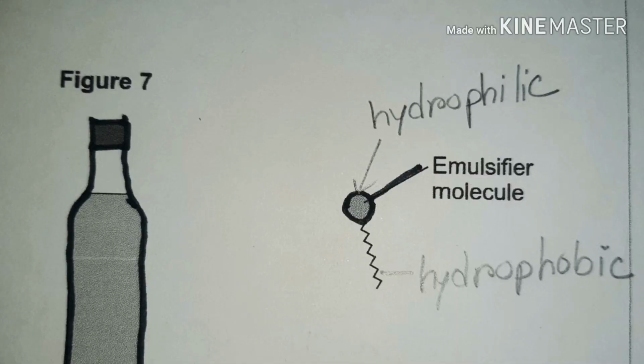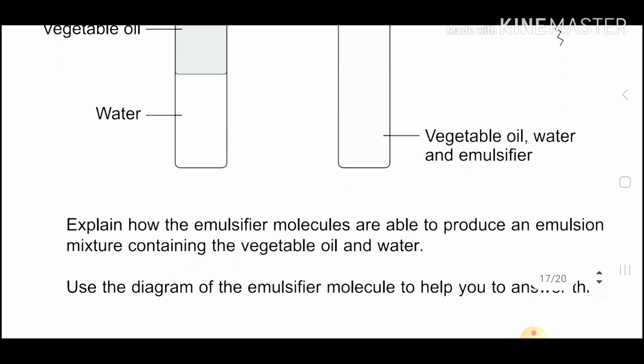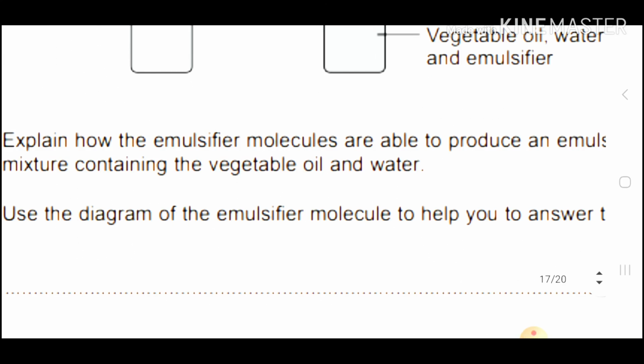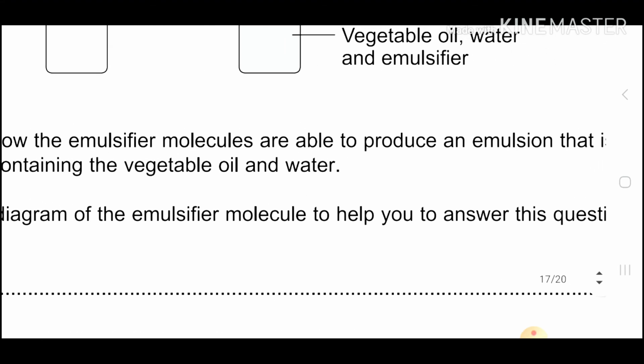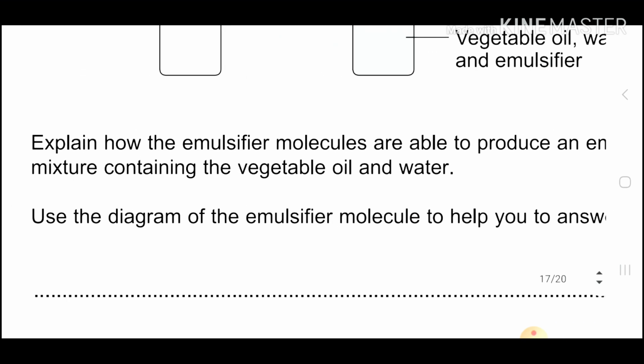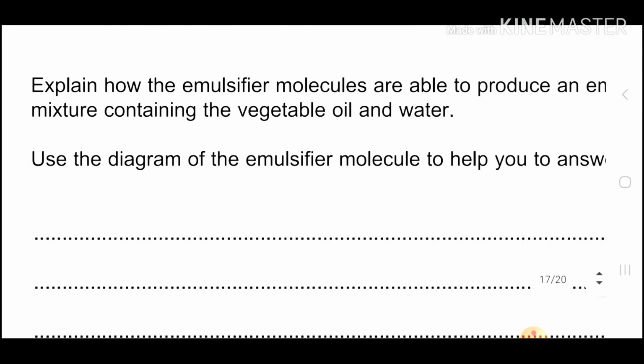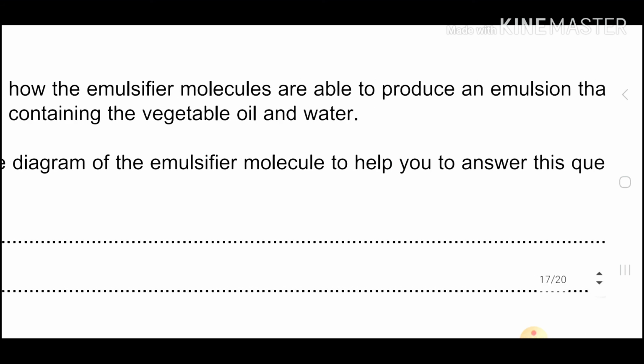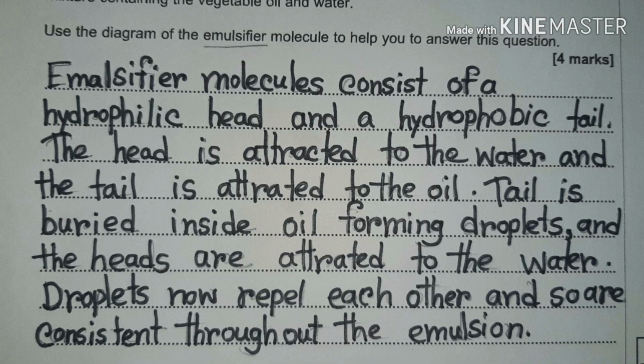You can see this is the hydrophobic tail and this is the hydrophilic head. Here is water. Explain how the emulsifier molecules are able to produce an emulsion that is a stable mixture containing the vegetable oil and water. Use the diagram of the emulsifier molecule to help you answer this question.